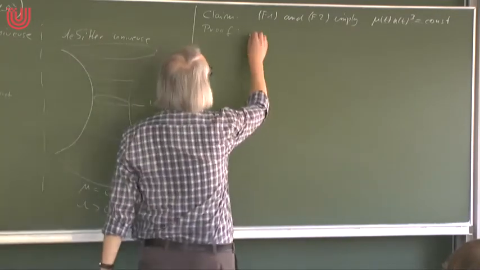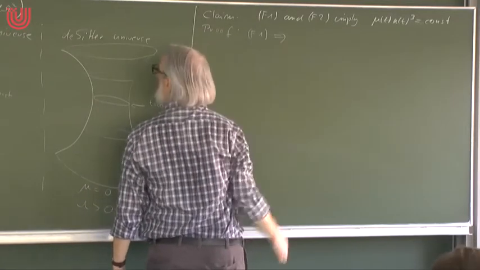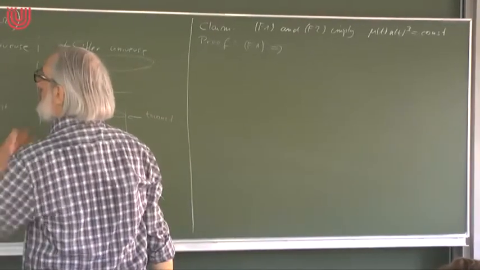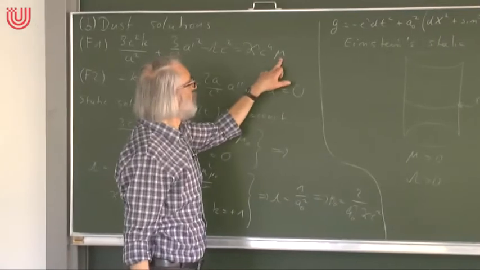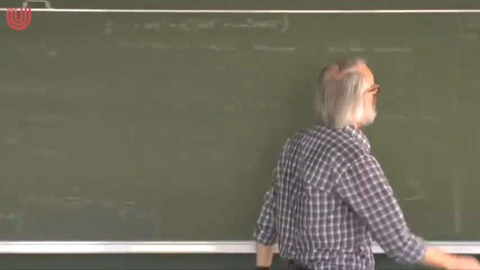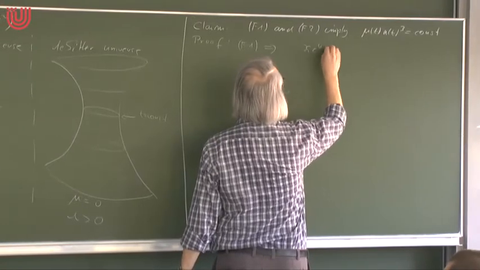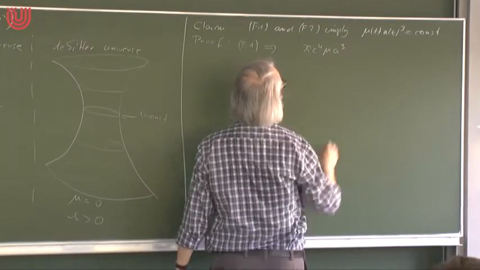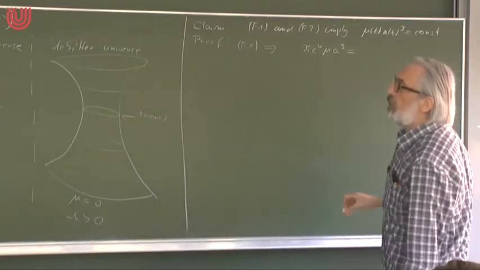Let's begin with F1. I'm interested in what happens to mu times A cubed. So let's begin with this expression: kappa c to the 4 mu times A cubed. I have to multiply the left-hand side with A cubed.